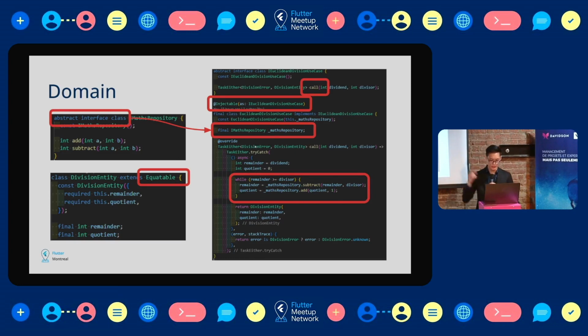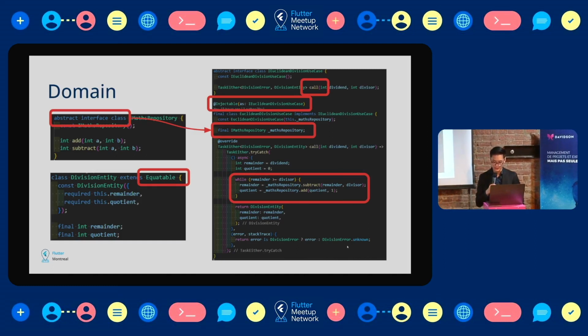Just to talk about functional programming again, for example here, there's something called TaskEither. So if something breaks, it can be anything, I make sure that this exception will be a division error unknown.